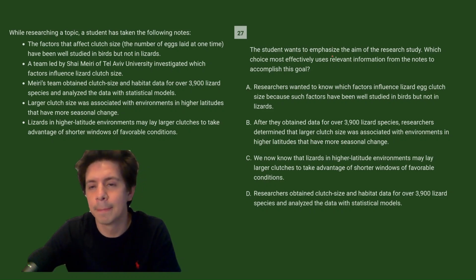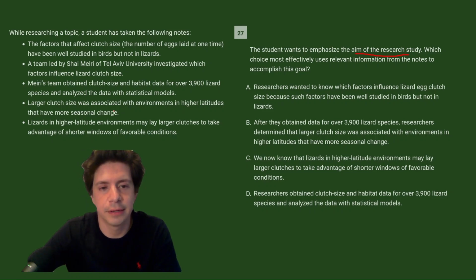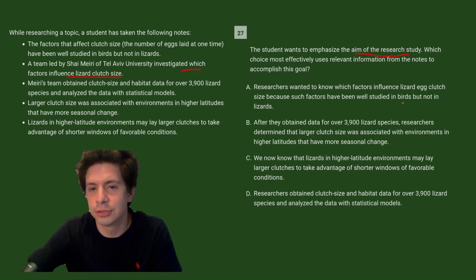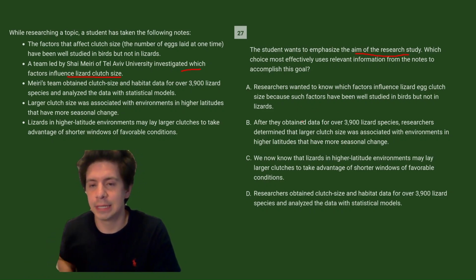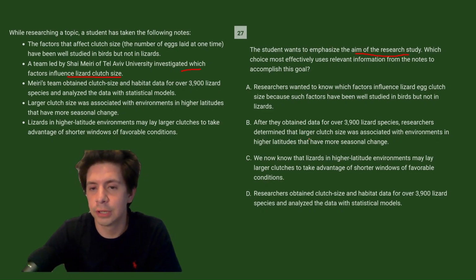Okay. So what's the aim of the research study, right? So the aim, if we're looking back here, is maybe to investigate which factors influence lizard clutch size, okay? Researchers wanted to know which factors influence lizard clutch size because such factors have been well studied in birds but not in lizards. Okay, that seems like a strong option. After they obtained data for over 3,900 lizard species, researchers determined that larger clutch size was associated with environments in higher latitudes that have more seasonal change.